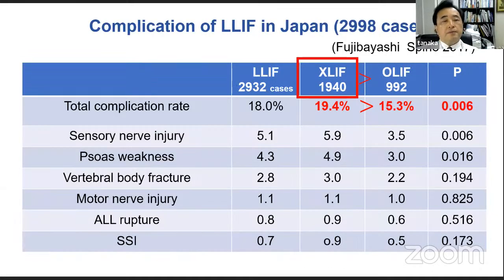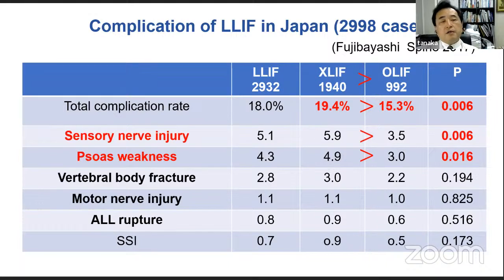This is a famous paper from Japan, 2017. At that time, direct lateral approach was common compared with oblique lateral approach. However, the total complication rate is much higher in direct psoas approach, 19% versus 15%.